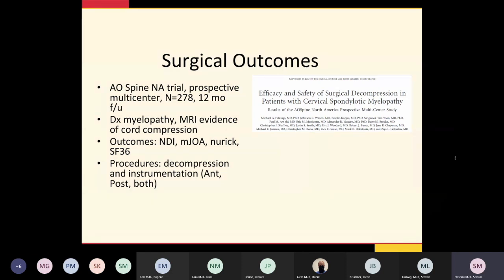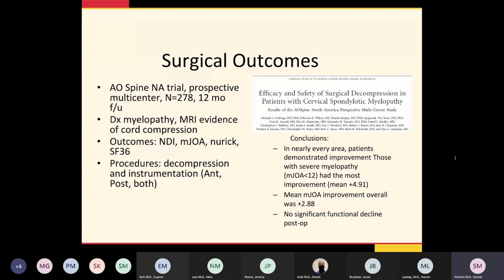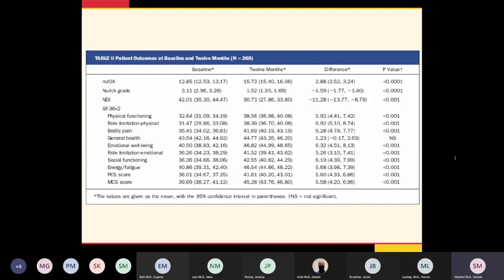The procedures they included were decompression, anteriorly, posteriorly, or combined. They found that in nearly all areas, patients did demonstrate improvement. Those with severe myelopathy and an mJOA score less than 10 had the most improvement. The mean improvement in the mJOA was 2.88 without any significant functional decline postoperatively.